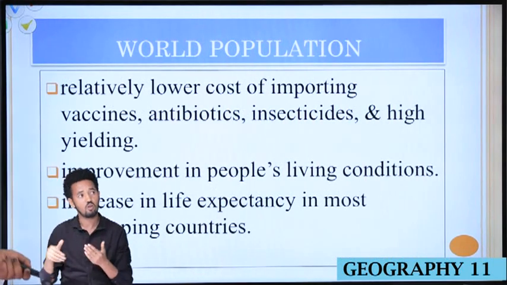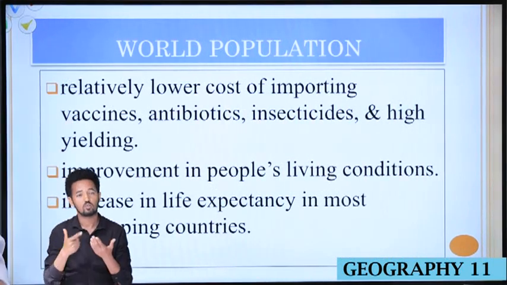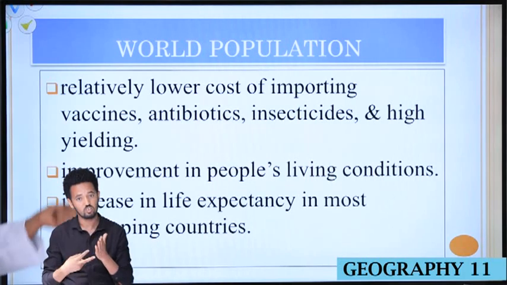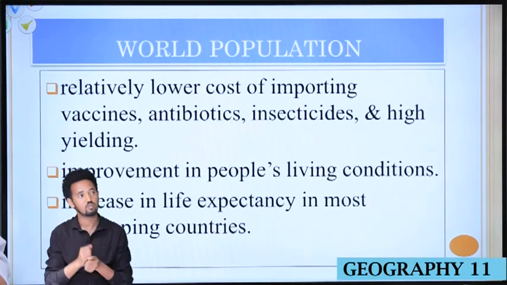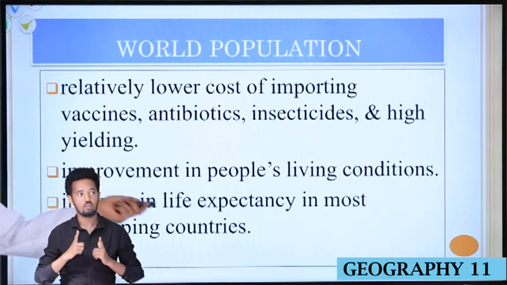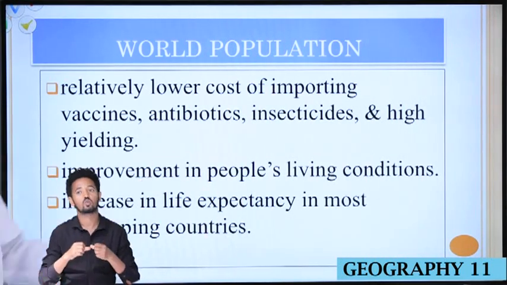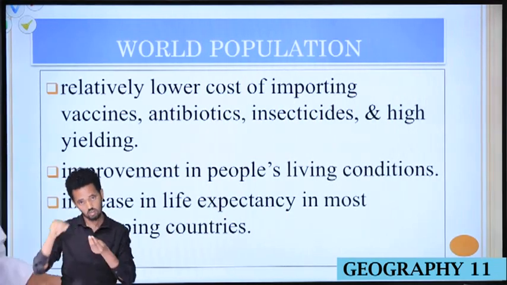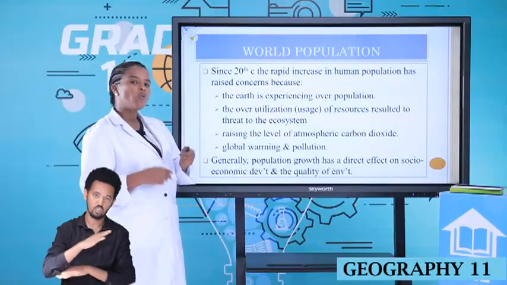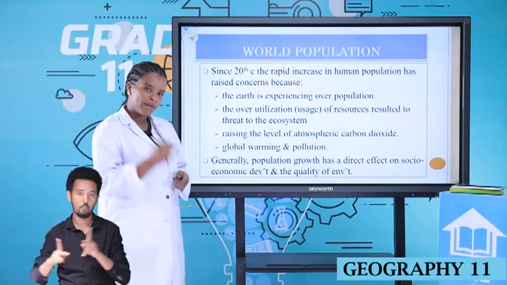Also, the relatively lower cost of importing vaccines, antibiotics, insecticides, and high yields, and improvement in people's living conditions, increase life expectancy in developing countries. After the 20th century, the world population increased rapidly.